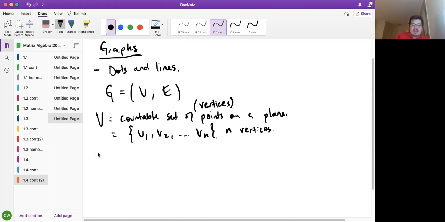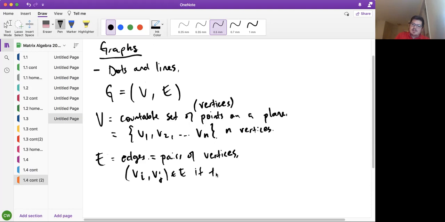And what is the edge set? It's pairs of vertices. So let's say Vi and Vj is in the edge set if there is a line or edge between Vi and Vj.